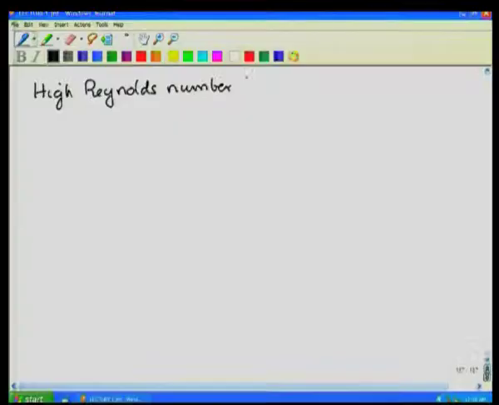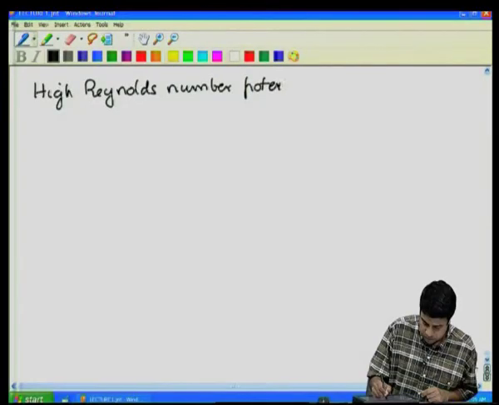We had completed our discussion of the viscous Stokes flow solutions, and then we had started the discussion of the high Reynolds number potential flow solutions. So, this is high Reynolds number potential flow.